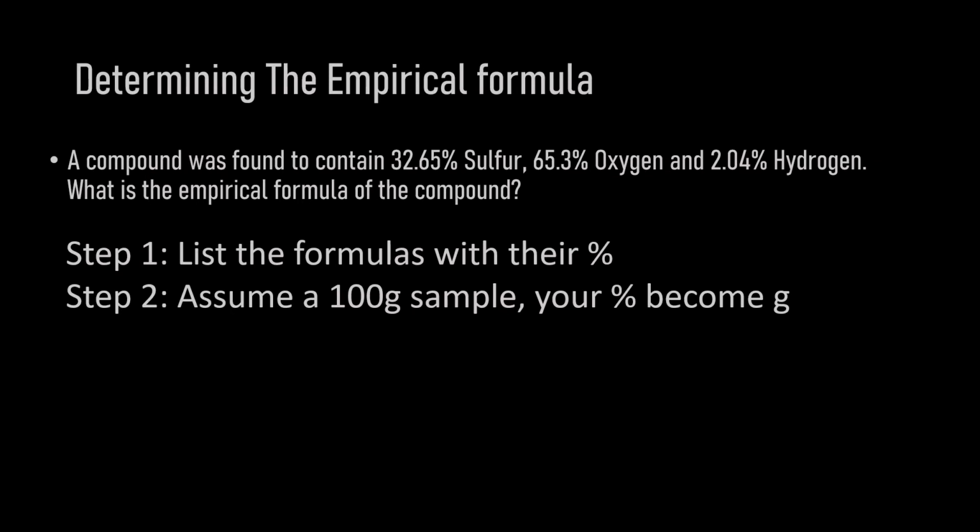So how do we determine the empirical formula? The first step is to list the elements from the question with their percentages. So we have sulfur at 32.65 percent.